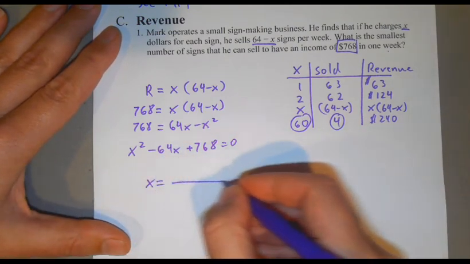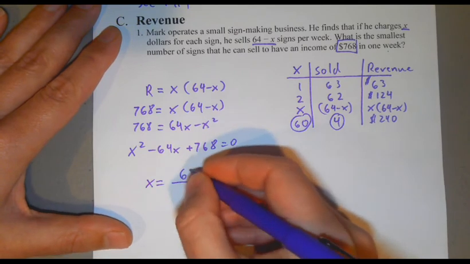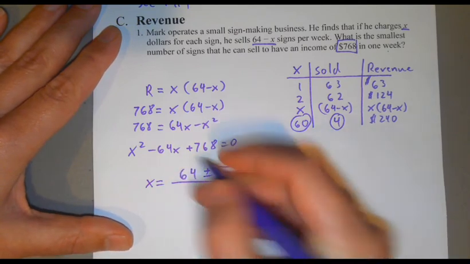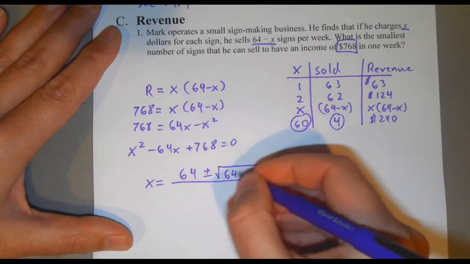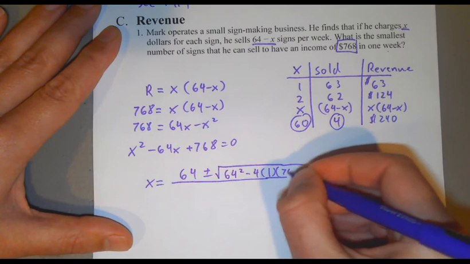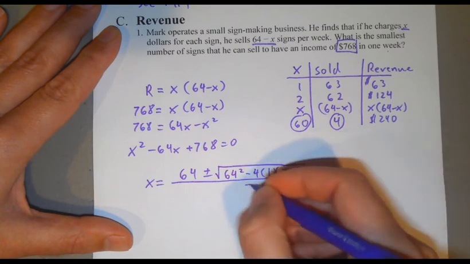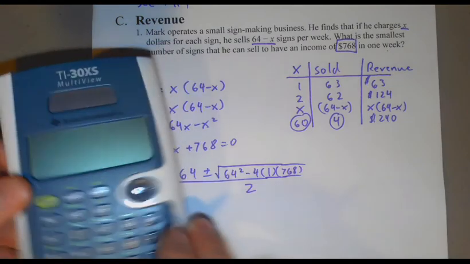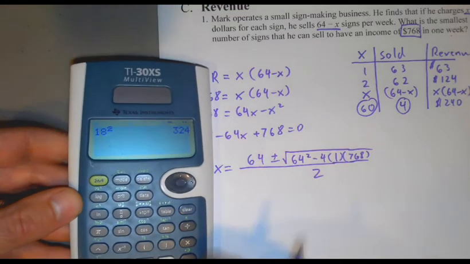So using the quadratic formula, we've got x equals 64 plus or minus the square root of b squared, 64 squared, minus 4 times 1 times 768, all over 2. And then I'm going to plug that into my calculator and see what it tells me.